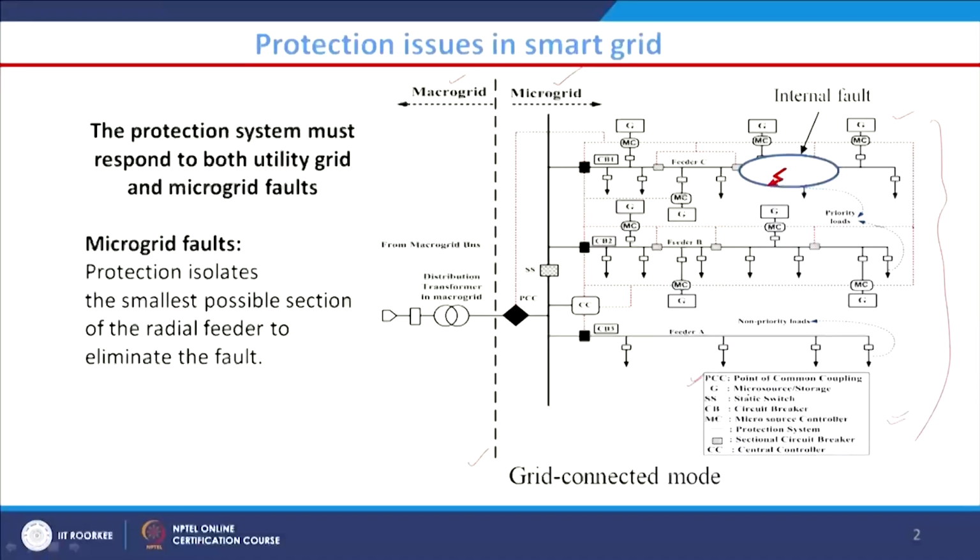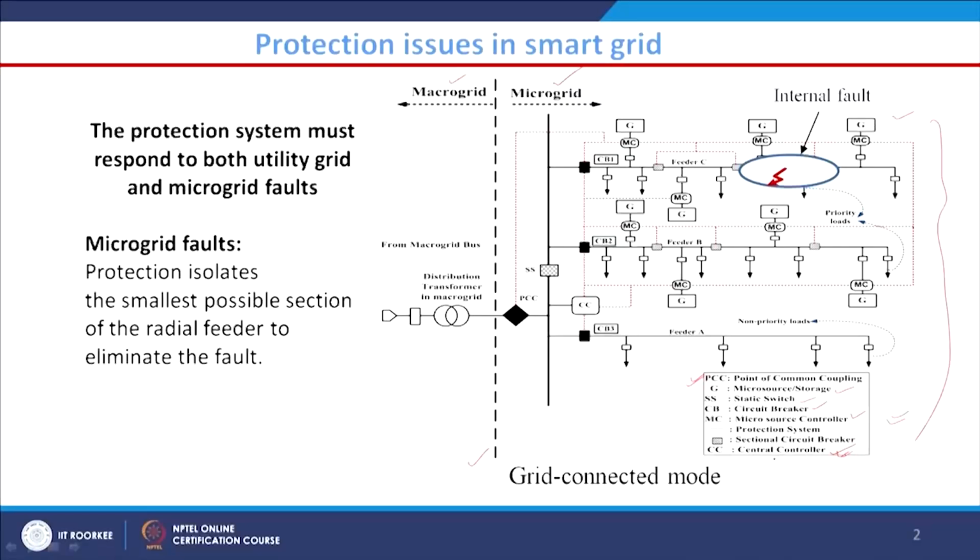of the network. You can see the symbols: VCC, G is the storage, and we also have the static switch SS. CB stands for circuit breaker, MC is the micro source controller, and CC is the central controller.